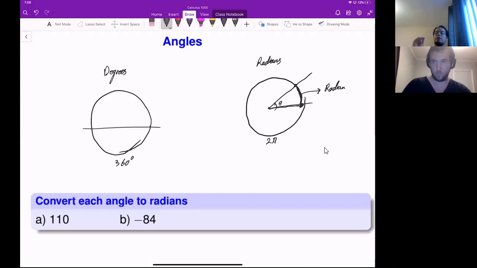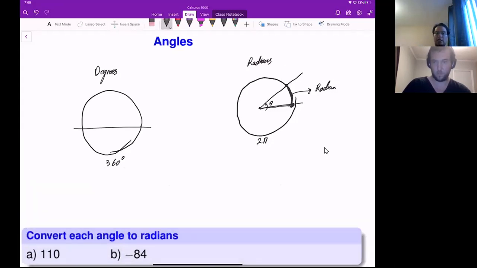And something very important you should keep in mind is that when it comes to calculus, the important thing is radian. So when it comes to integration, differentiation, and when you're doing work related to calculus, you should be able to work with radian. And there's always a way to go between these two.